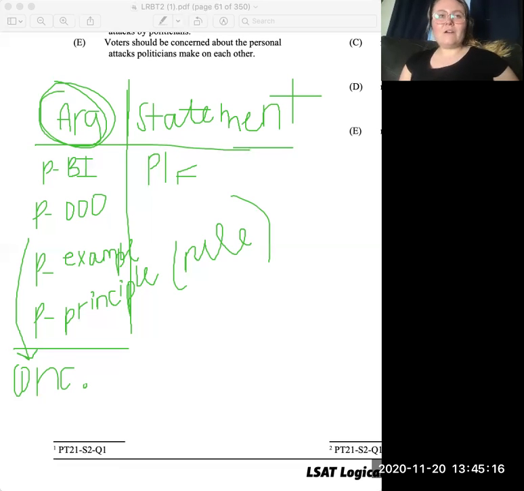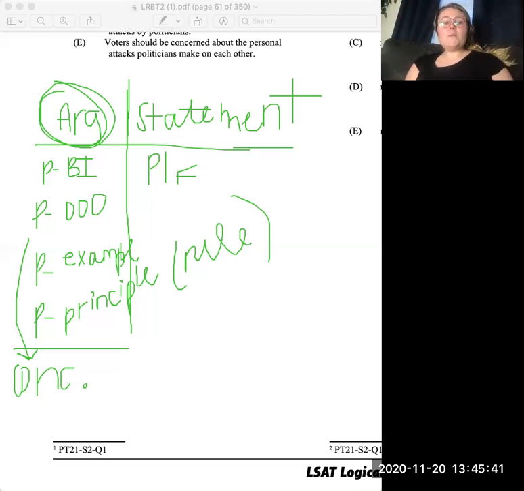So if I was going to write an argument, I would say Laura's a bad person. She told a lie. It's wrong to tell lies. My conclusion, what I'm arguing for, isn't that it's wrong to tell lies, right? I'm using that principle to justify that you're a bad person. And so that's why a principle falls into the premise category as well.